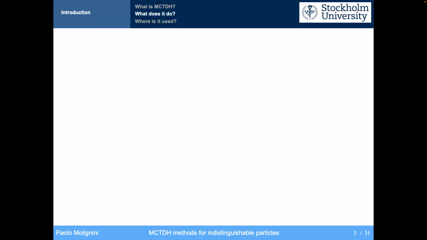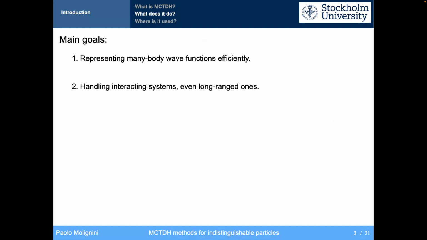Now, what does it do? So I just briefly mentioned at the beginning that it's used to solve the many-body Schrödinger equation. So the main goals of the approach are, one, to represent the many-body wave function efficiently, and also to adapt to time-dependent problems.